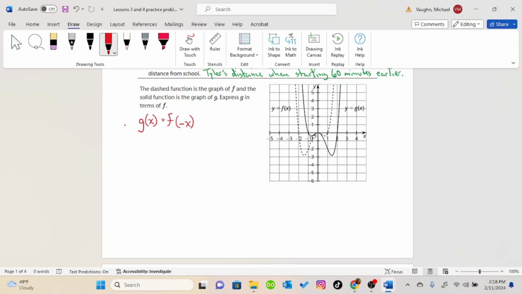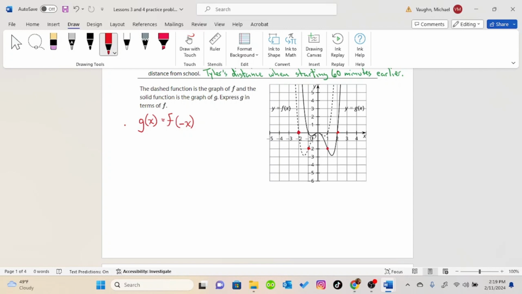So for comparison, this point on f of x is negative 2. But if I take the opposite of negative 2, I get positive 2. This point right here is x equals negative 1. But if I take the opposite of that, or negative 1, I get positive 1.